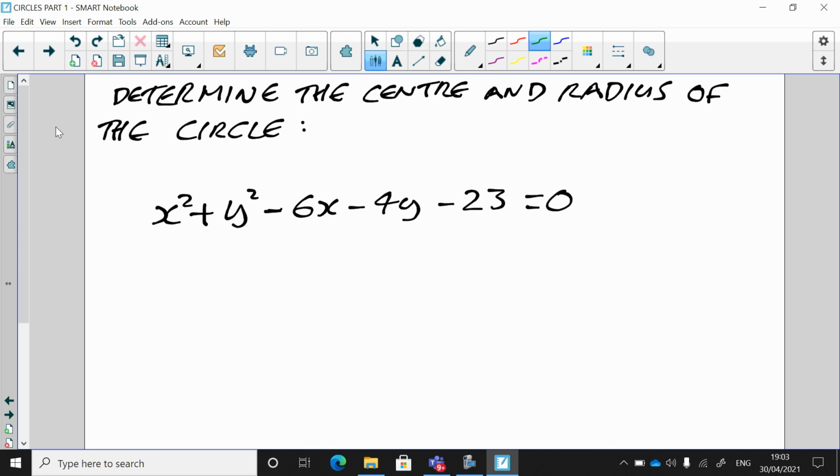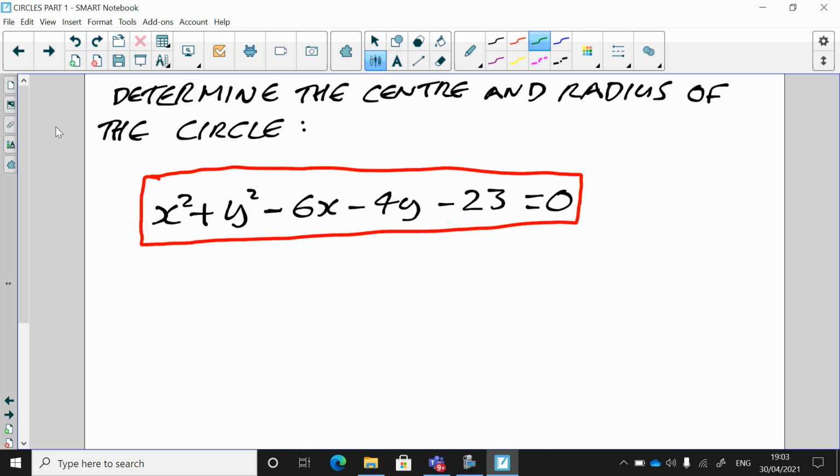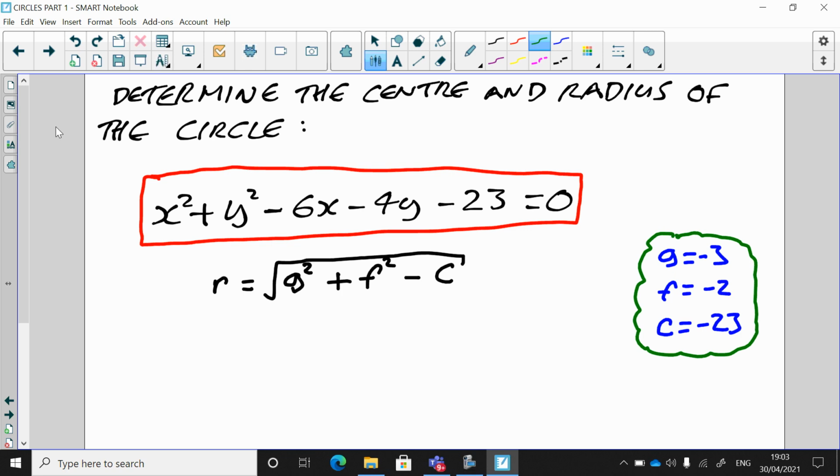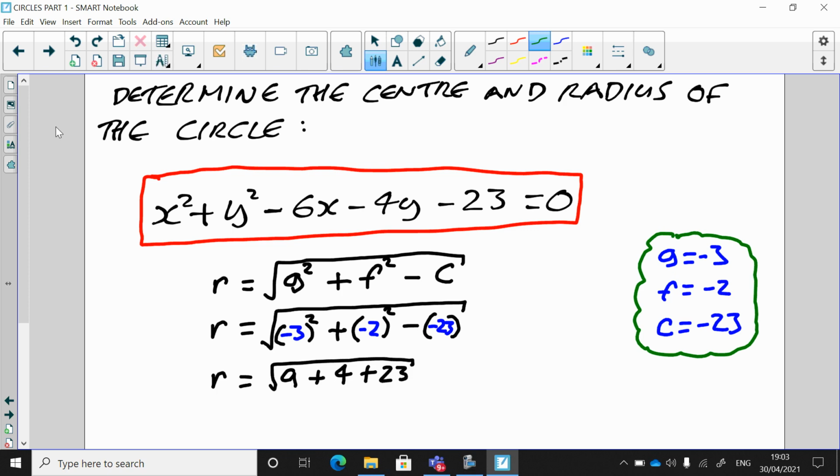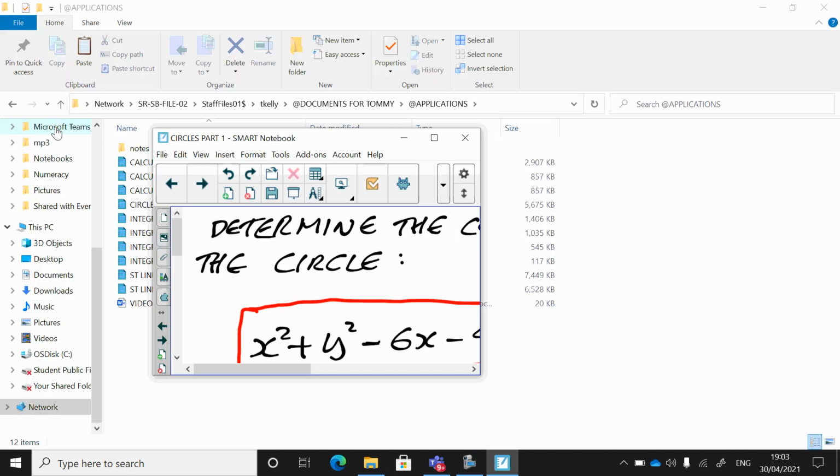So they're asking for the centre and radius of this circle here. So there's several things going on. There's our equation, right? We don't have any brackets here. So what I'm waiting for first is the radius.